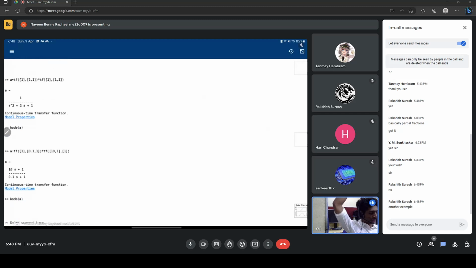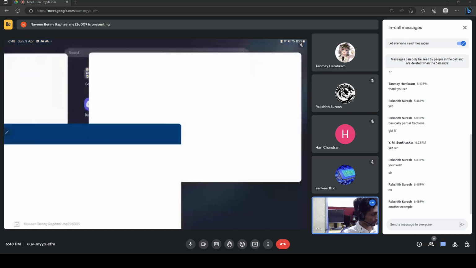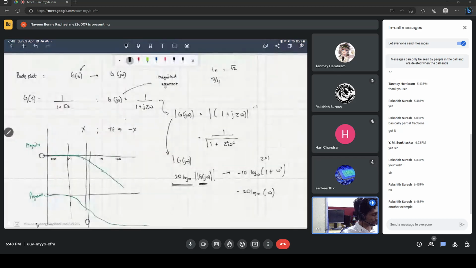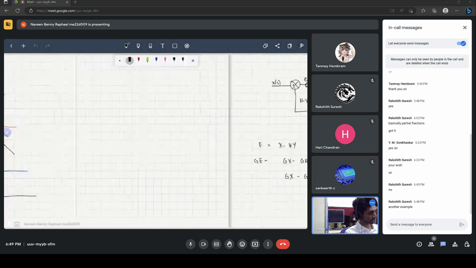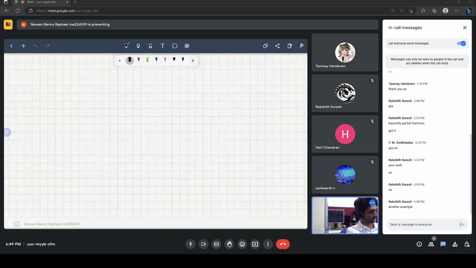Okay, so let's look at the Bode plot of 10s plus 1 by 0.1s plus 1. Before we do it, we'll just quickly solve it here. So it's 10s plus 1 by 0.1s plus 1.